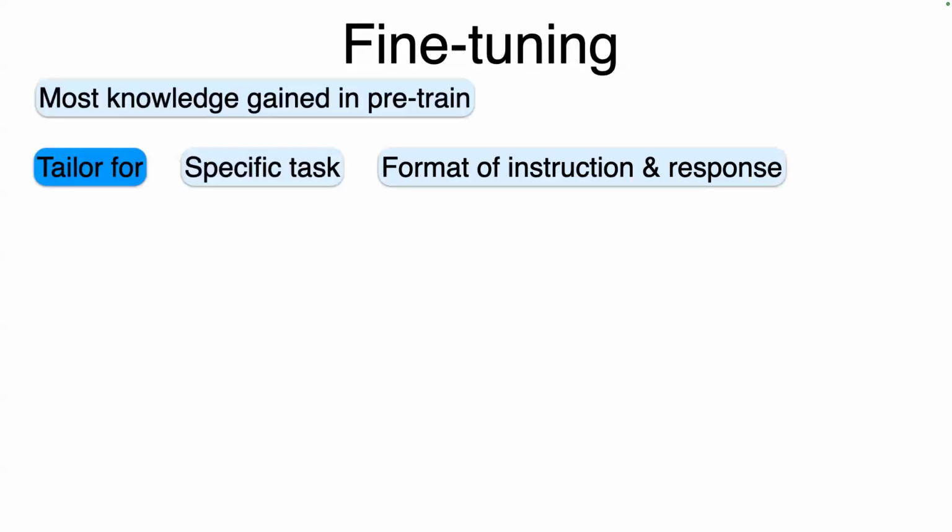And so then comes the fine-tuning part, which was the second part. While we gain most of the knowledge in the pre-training, which is extremely expensive, in fine-tuning you tailor the model for specific tasks, for example, for questions and answers and so on.